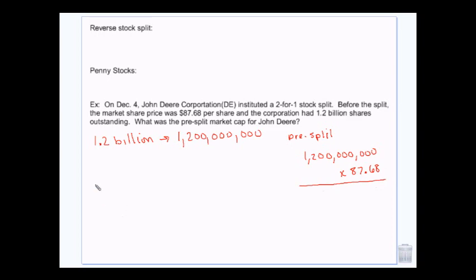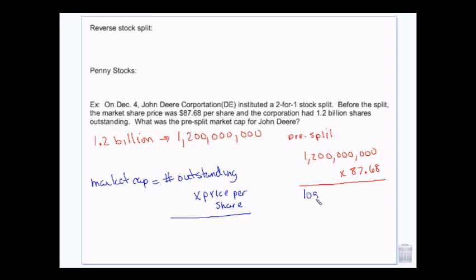So the market cap is equal to the number of outstanding shares times the price per share. When we multiply this out, we're going to get $105,216,000,000. So this is their market cap.